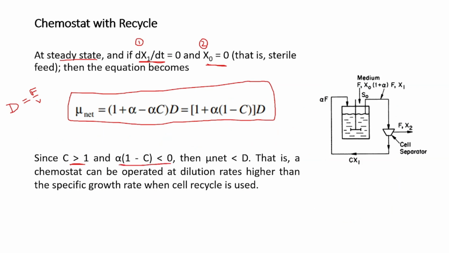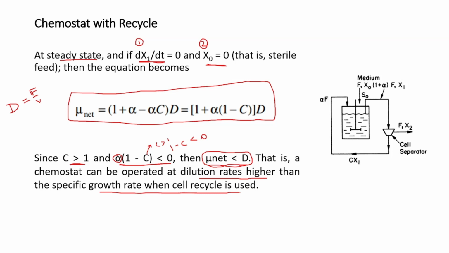Then mu net is less than D. So this is very important: the net specific growth rate becomes less than the dilution rate. That is, a chemostat can be operated at dilution rates higher than the specific growth rate when cell recycle is used. This is very important, because from my previous lectures on the chemostat, you will remember the fundamental that the net specific growth rate should be less than the dilution rate, otherwise washout occurs.